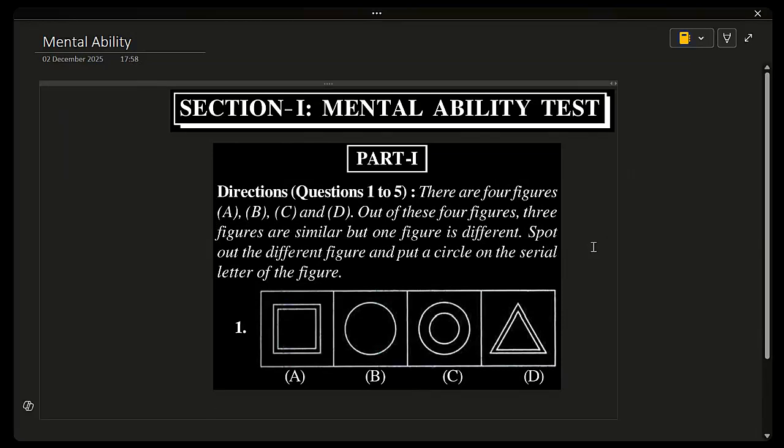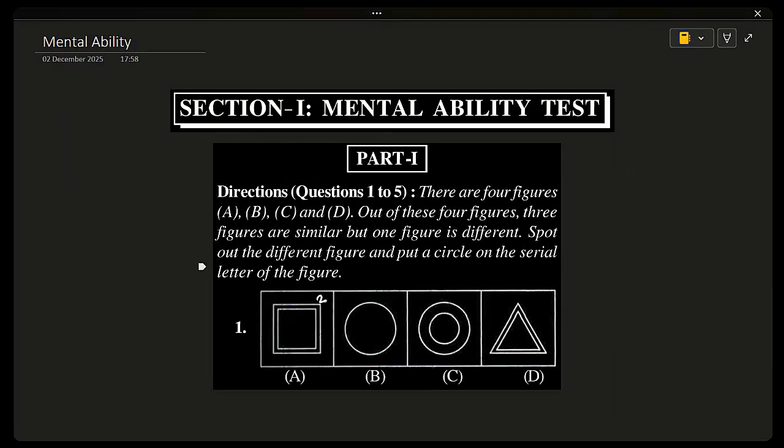Here in option A there are 2 similar figures. In option C there are 2 similar figures. In option D there are 2 similar figures, but in option B there is only 1 figure. So option B is correct. And next one.